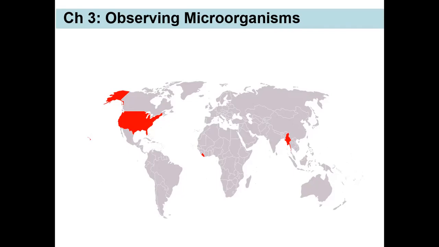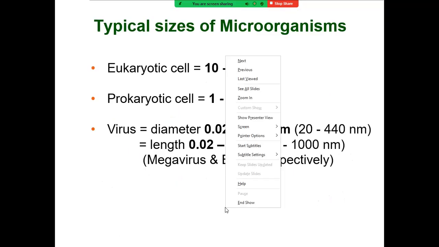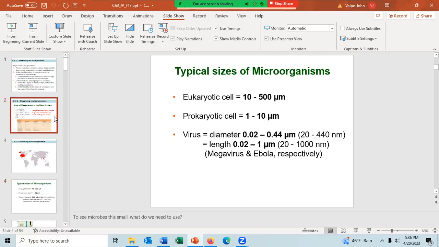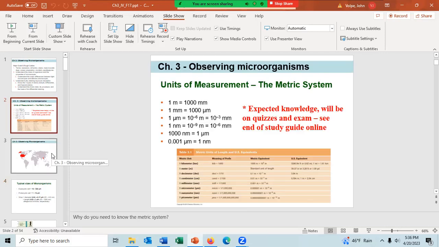So the English American system will be used for the foreseeable future. But everyone else in the world uses the metric system except for 2 other countries. Oh, you should also know the metric system for another reason, and I already mentioned that, and that is science and medicine use the metric system.